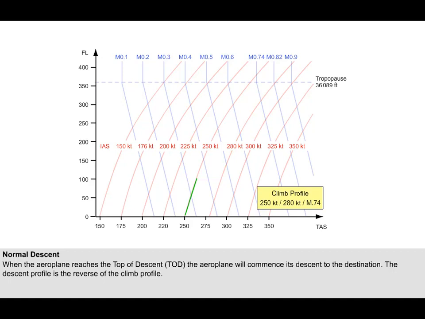The climb for a typical 737 is initially flown at 250 knots. Then, at 10,000 feet, this changes to 280 knots. And then at the crossover altitude, Mach 0.74 is maintained. The descent is flown initially at 0.74 Mach.